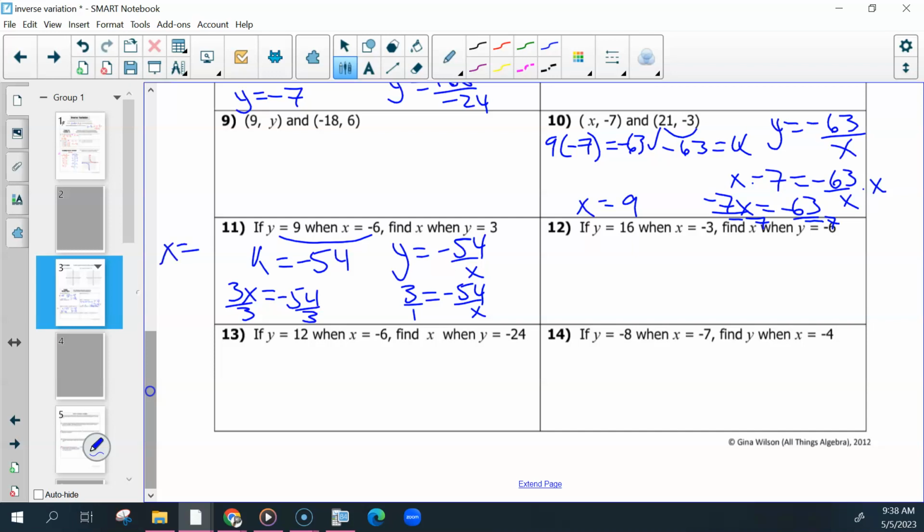What is x? Divide in your calculator, see what x is.